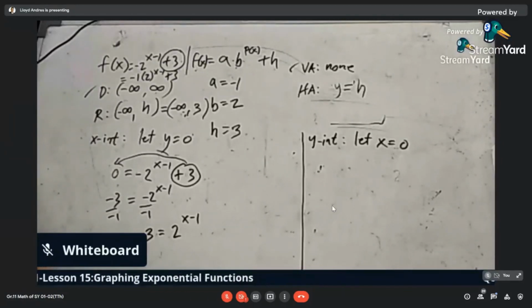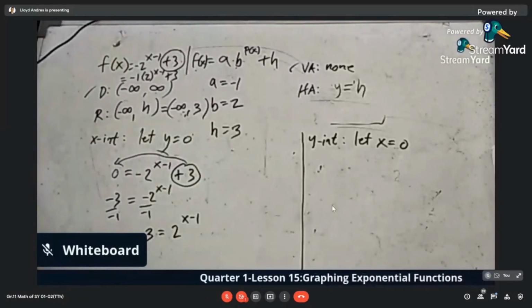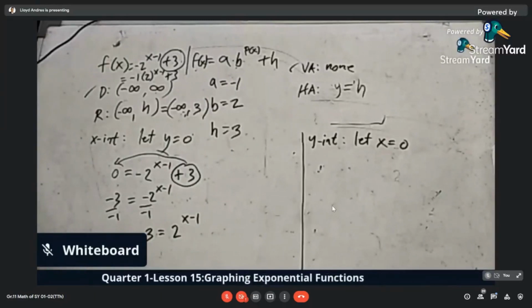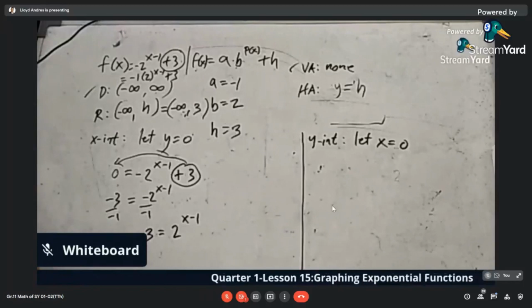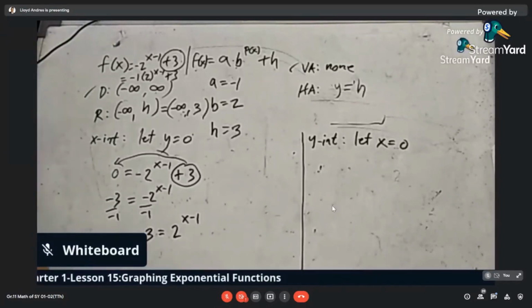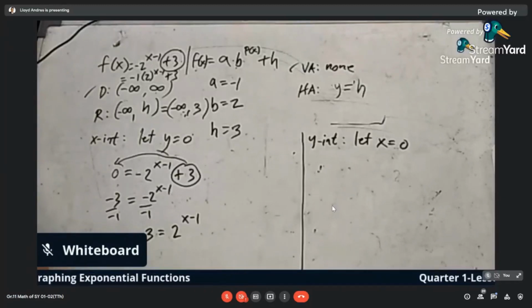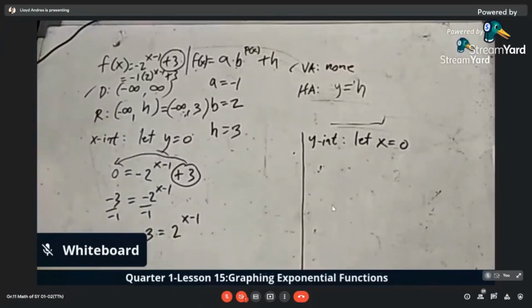Okay, saan na pag-solve anak karon? So, for that one, substitute lang sa sir. 0 sa exert, tapos 0 ang exponent.